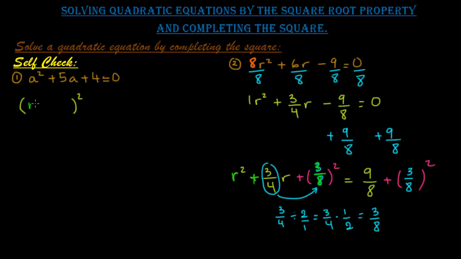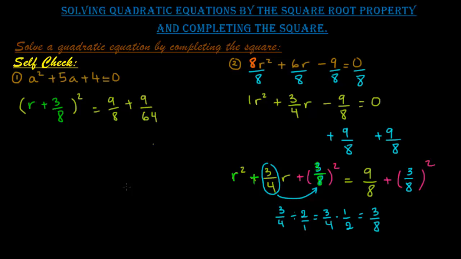So we will have r plus 3/8 squared equal to, on the other side, 9/8 plus 3/8 squared, which means 9 over 64.